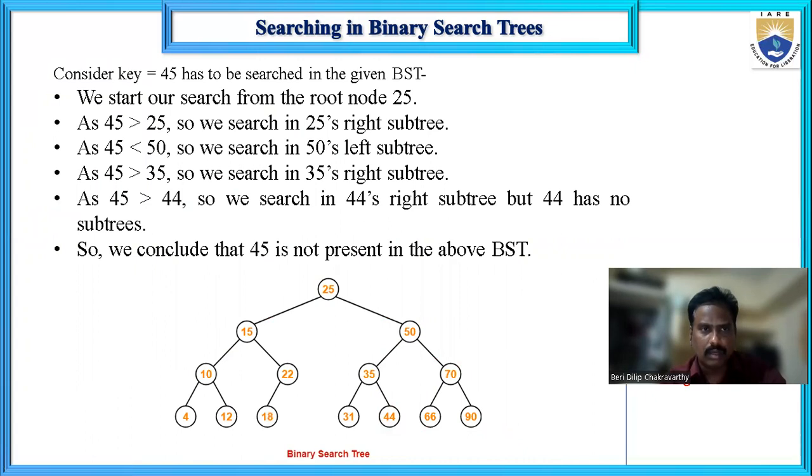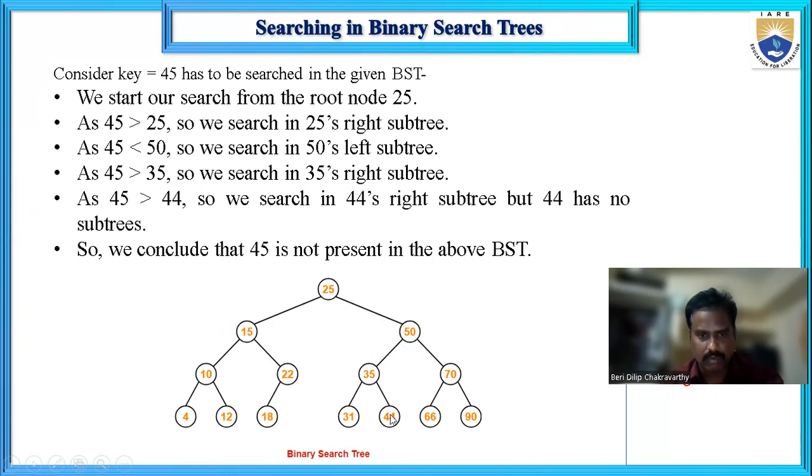Similarly, for element 45, we need to search 45. First, I am comparing with my root node. As 45 is greater than 25, I'll be moving to the right side. Here I found 50. 45 is less than 50, so I'll move to the left subtree. Here 35. 45 is greater than 35, so I'll move to the right subtree.